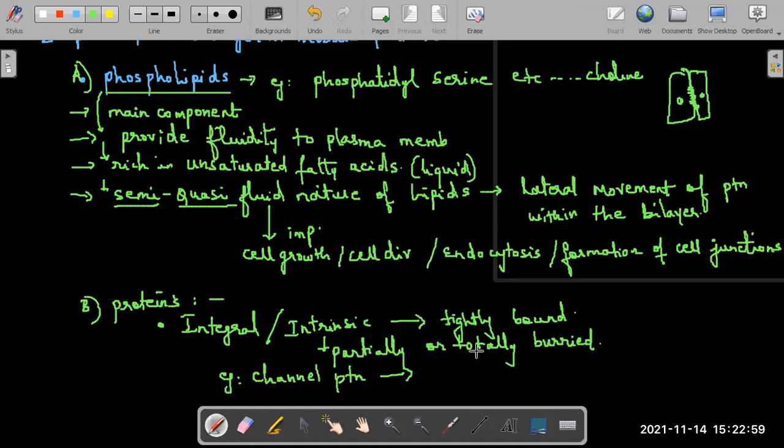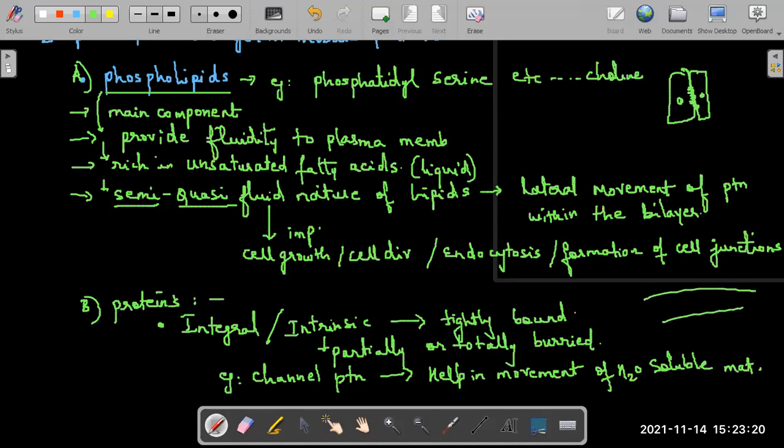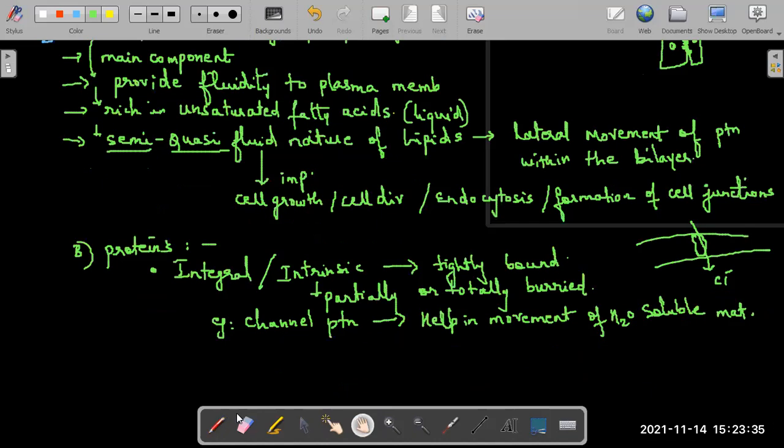They help in the movement of ions and water soluble materials. For example, an integral protein helps in the movement of water soluble molecules. They form channels or tunnels, so chloride ions can also move easily. Any water soluble molecule can enter.